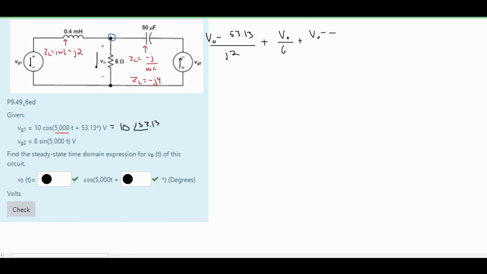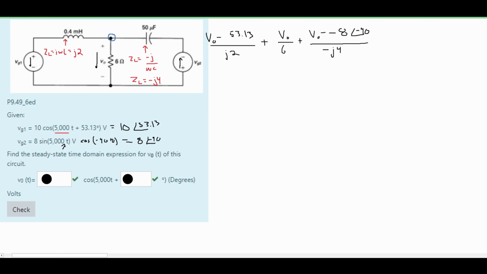We know that cosine is 90 degrees behind our sine, so we will have cosine with a negative 90 degrees plus our 0 degrees because we have 0 degrees of an angle in here. And this is going to give us 8 with an angle of negative 90 degrees. And we can plug this in as 8 with an angle of negative 90. And this is all happening over the 50 microfarad capacitor, which we found to be negative j over 4.